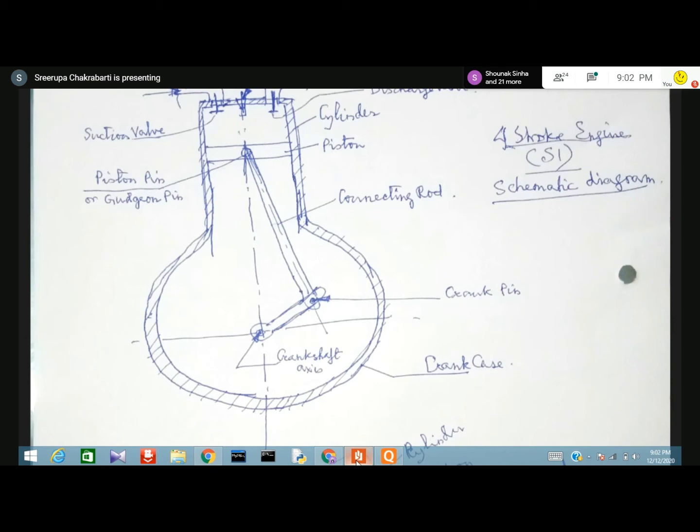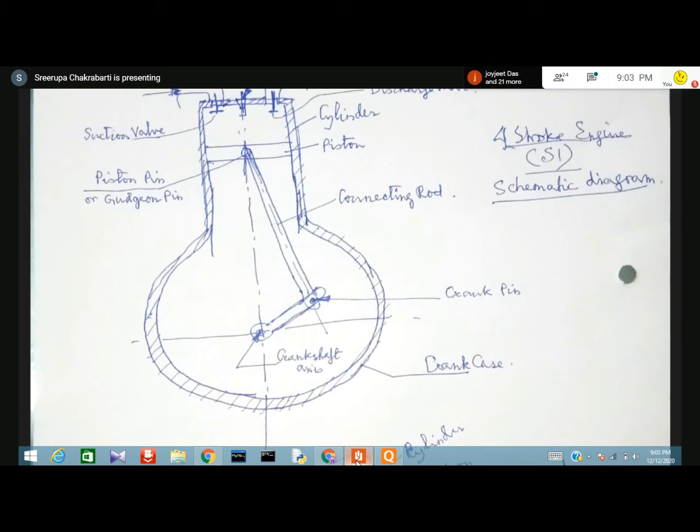And 2 revolutions correspond to 1 cycle because it is a 4-stroke engine. 3000 revolution means 1500 cycles. So in that engine, total number of thermodynamic cycles completed per minute is 1500 in 60 seconds. So per second, it will be only 25 cycles.